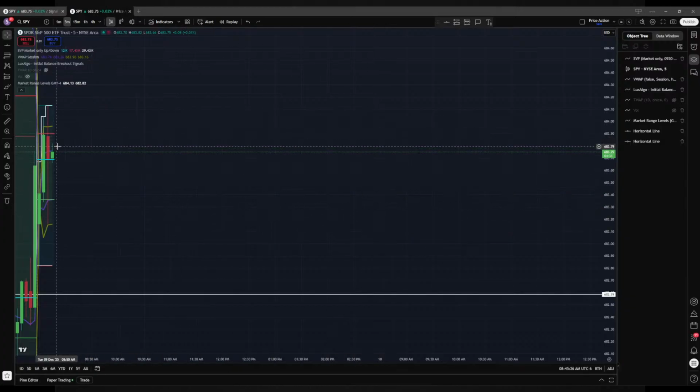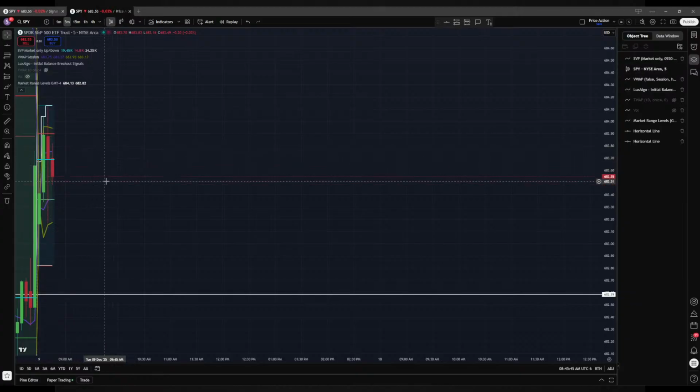Had it been a bearish candle and still closed above the 683.78, I would have entered the trade just because my conditions were met, but I wouldn't have been super excited about it. But that's discipline, right?